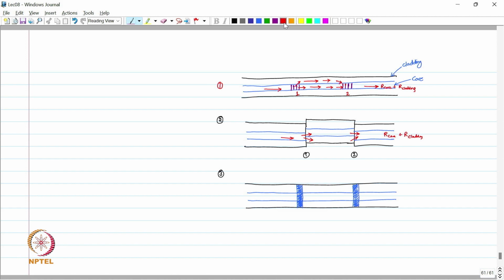Now if the wave is traveling this way, this wave will be split here by this discontinuity. Some part will go into the core and some will be in the cladding, and again by the second discontinuity, which is here, this will be combined back into the core, and we get our core plus our cladding.